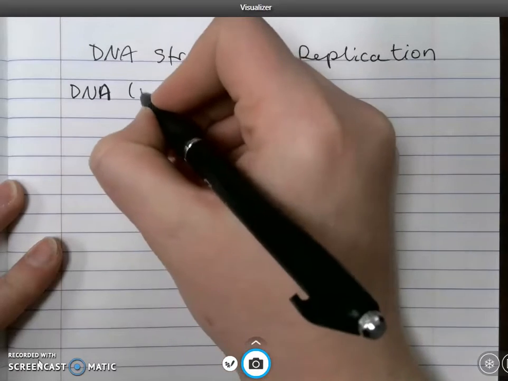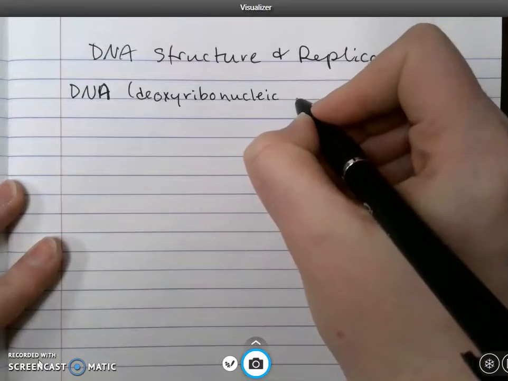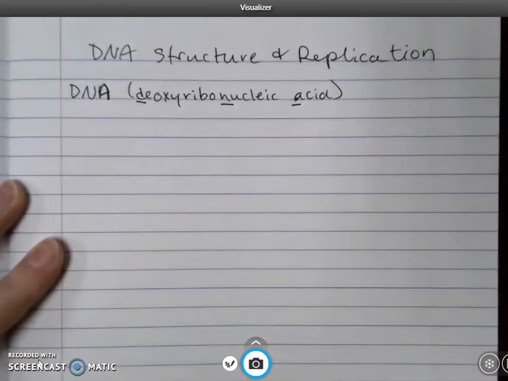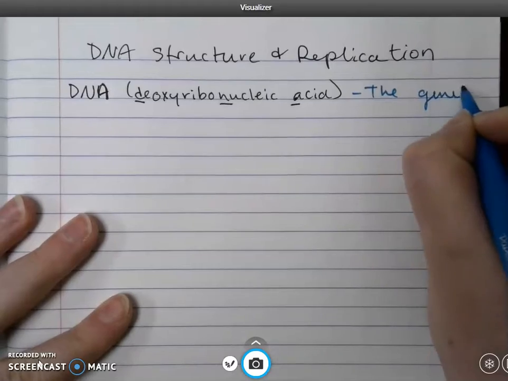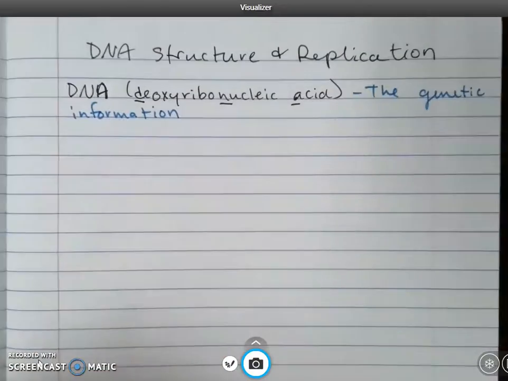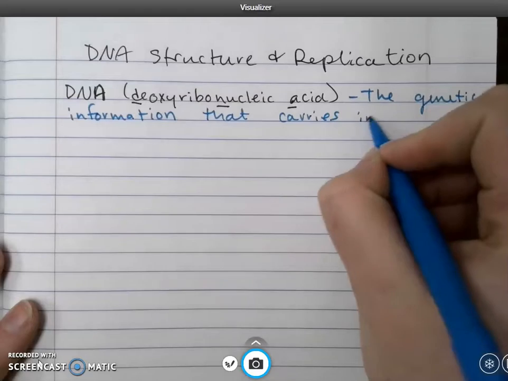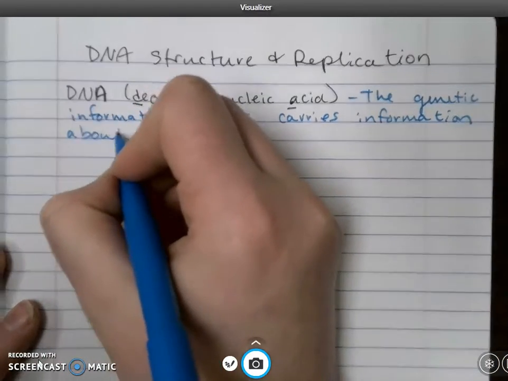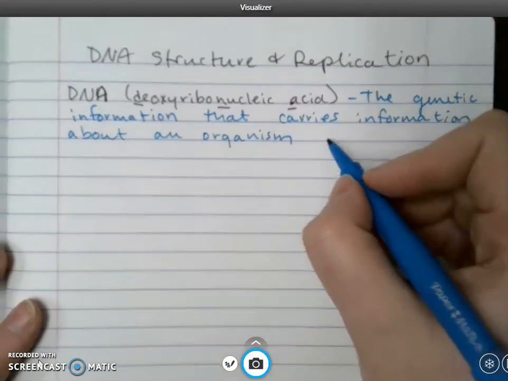DNA stands for deoxyribonucleic acid. It is the genetic information that carries information about an organism from one generation to the next.